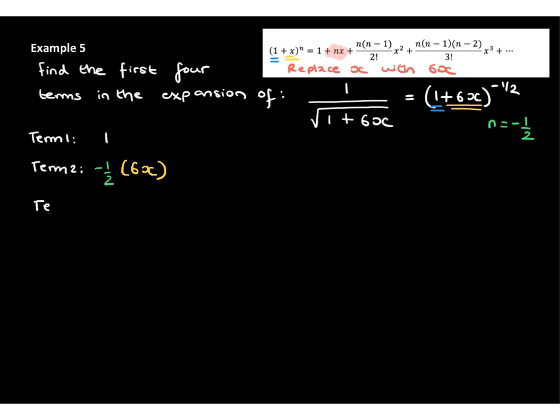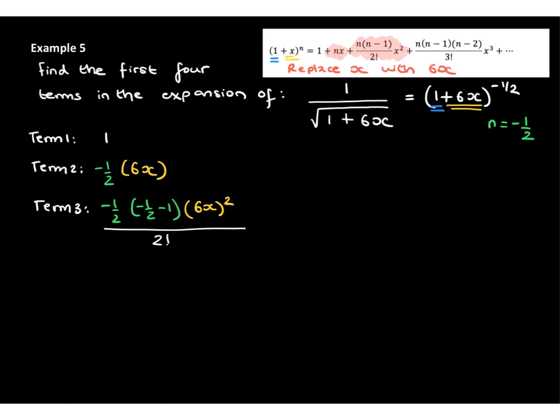Let's keep going. Term 3, let's build it up. n, n minus 1, then multiplied by x squared, which of course is 6x all squared, all divided by 2 factorial. So just for reassurance, we've just substituted into this part of the expansion.